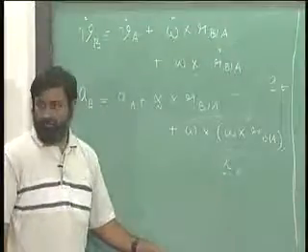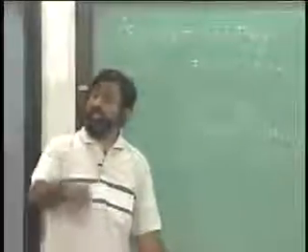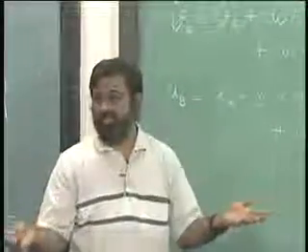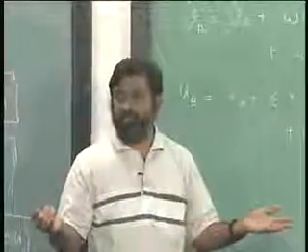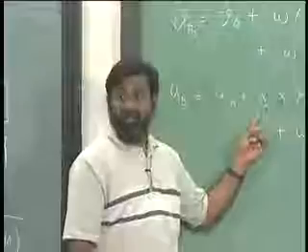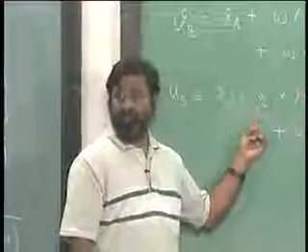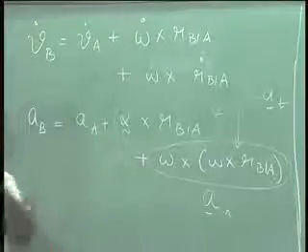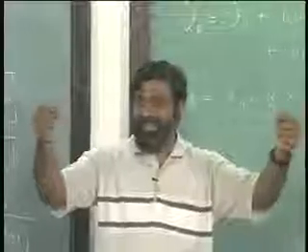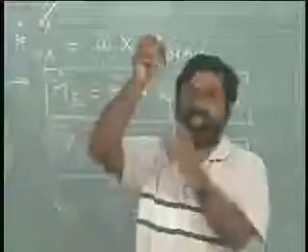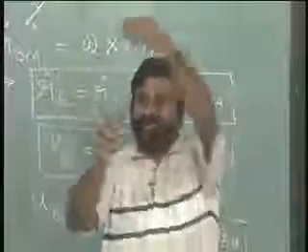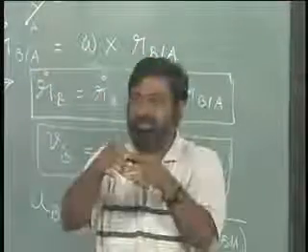Supposing I know that the body is rotating with a constant angular velocity, immediately alpha is 0. Okay. It is like having a thread. So, I am just rotating it with an angular velocity. What will happen?